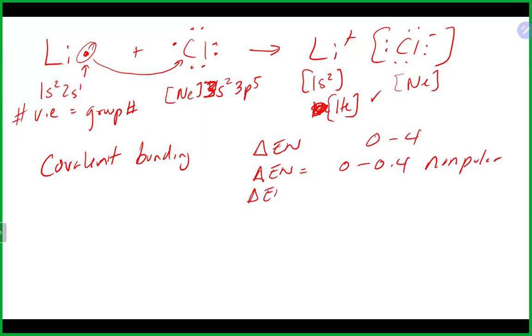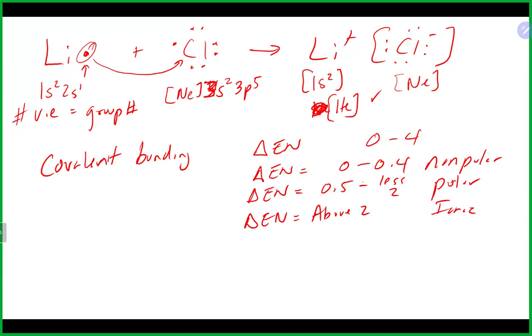If you have a difference of like 0.5 to less than 2, that's going to be a polar covalent bond, unequal sharing of electrons. And usually if you're above 2, that's going to be an ionic bond.